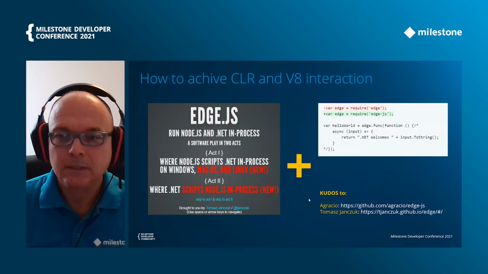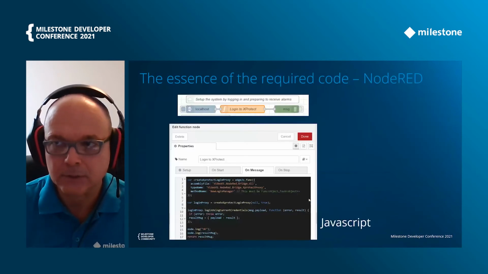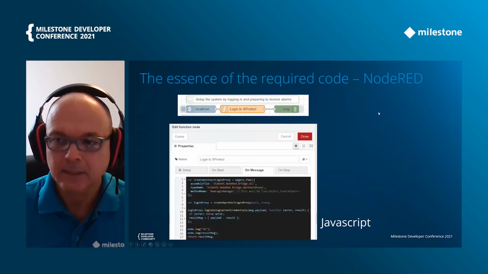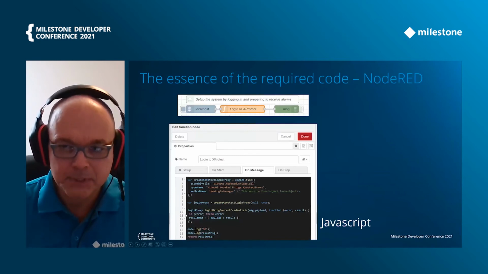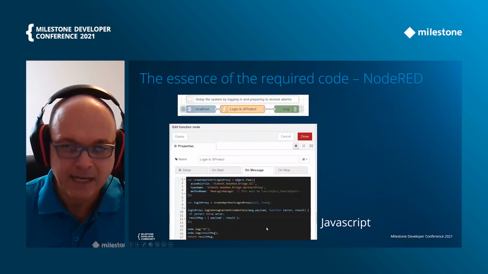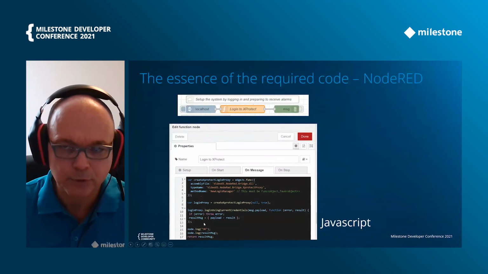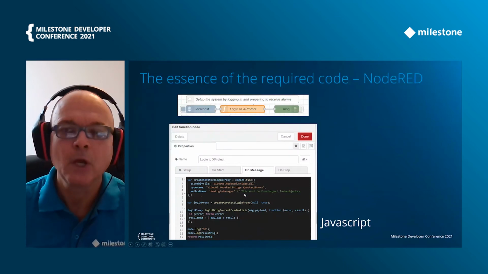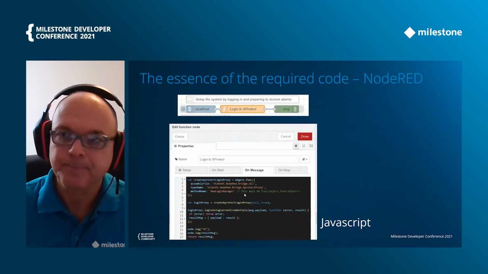So what does the code look like? The essence of the required code from the Node-RED part is this small piece, for instance for login, written in JavaScript. And if we look at Node-RED, this is a function node with some short code in order to be able to log in to XProtect.